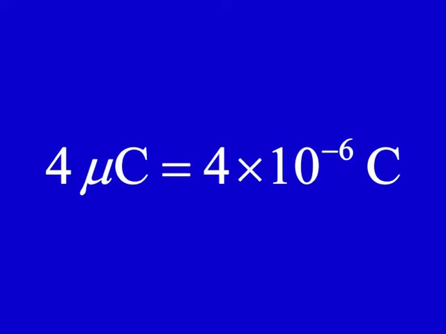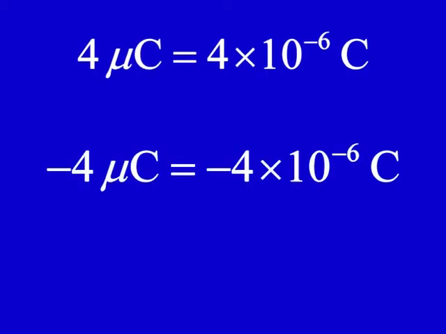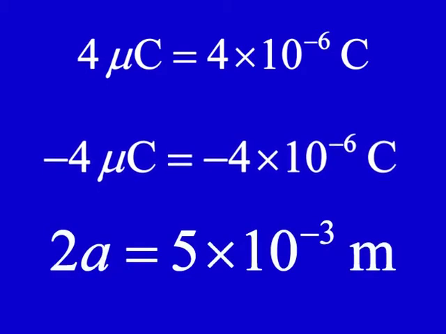Here, charges are 4 microcoulomb, that is 4 into 10 raised to the power minus 6 coulomb, and minus 4 microcoulomb, that is minus 4 into 10 raised to the power minus 6 coulomb respectively. And the dipole length 2a is equal to 5 into 10 raised to the power minus 3 meter.